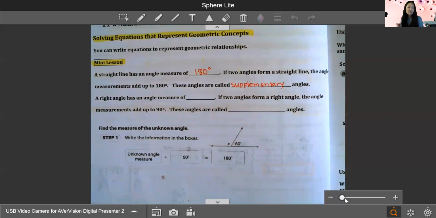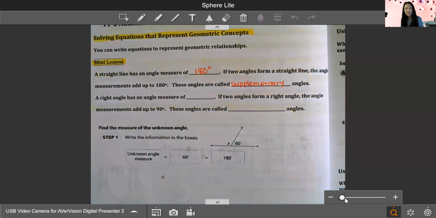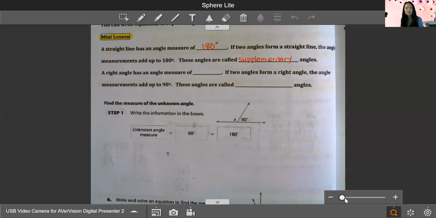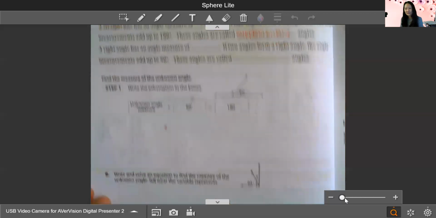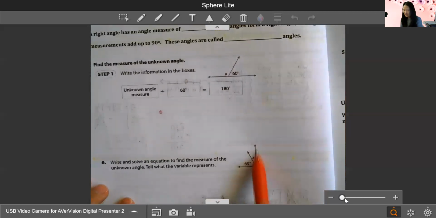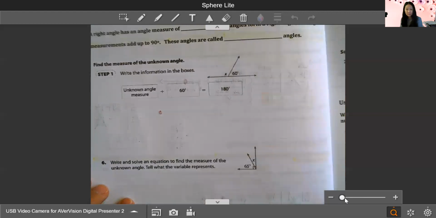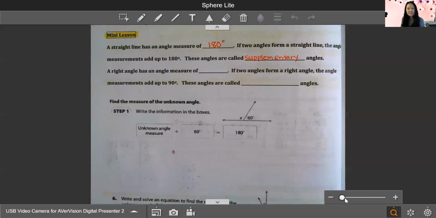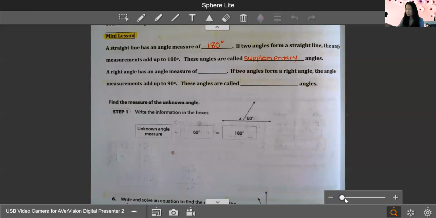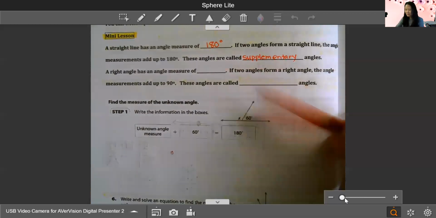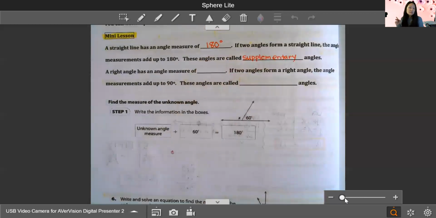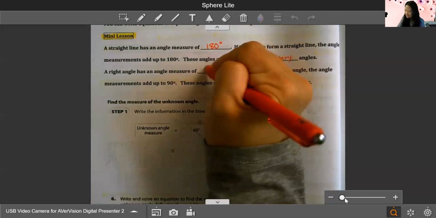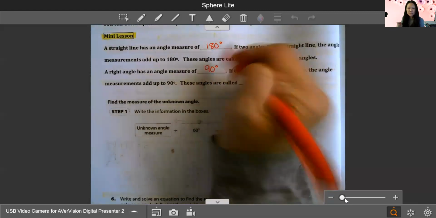Okay, now we have another very common type of angle, which is called a right angle. A right angle looks like this, okay? And the angle measurement right here is a right angle. Also understand that a right angle is half of a straight line. So a right angle has an angle measure of 90 degrees, half of the straight line.